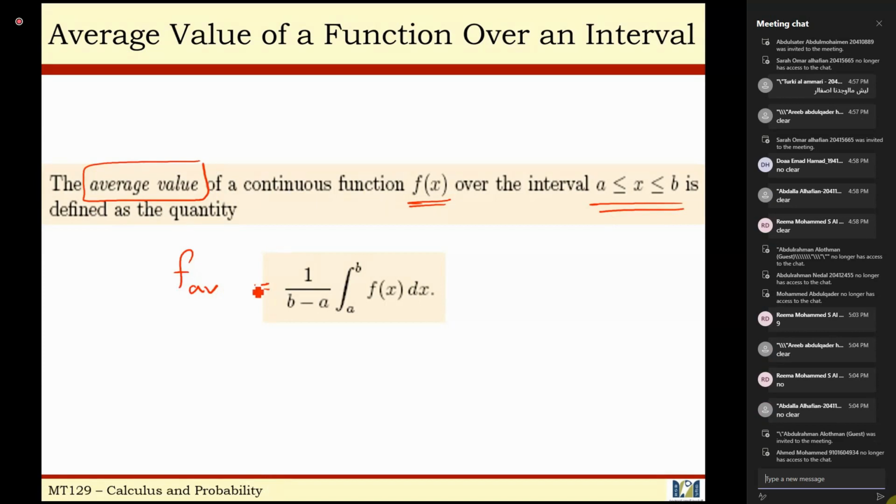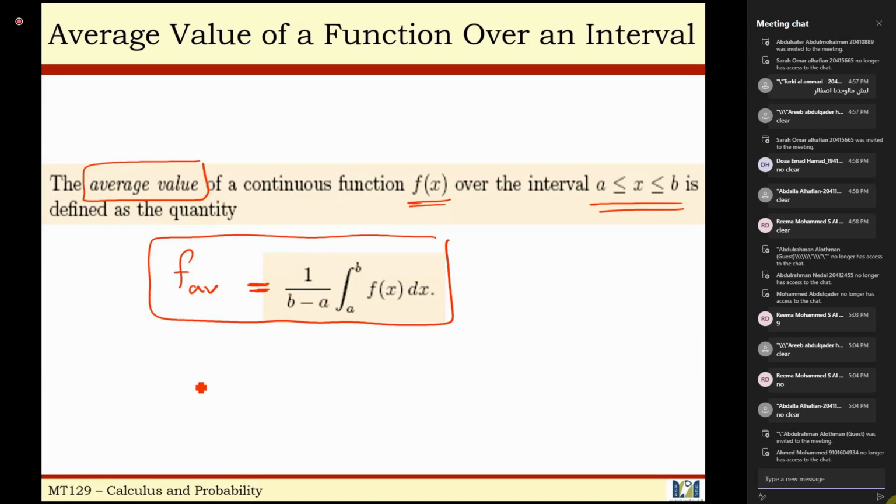This equals 1 over b minus a, this is the law, multiplied by the integration from a to b of f of x. More students forget this fraction 1 over b minus a. They directly find the integration, but it must be multiplied by the fraction 1 over b minus a.